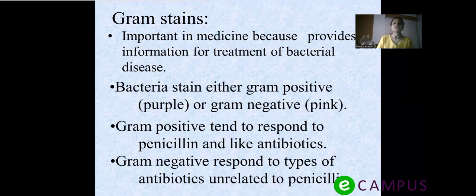Bacteria stain either gram positive, appearing purple or violet in color, or gram negative, appearing pink. Gram positive tends to respond to penicillin and similar antibiotics. Gram negative responds to types of antibiotics unrelated to penicillin.